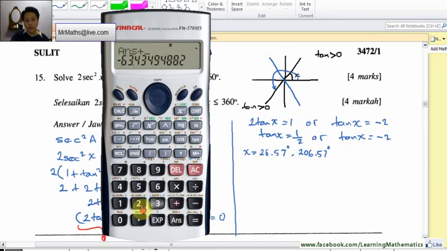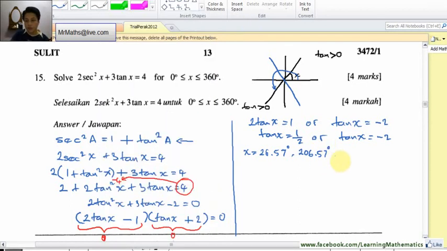And then add 180, so 116.57 degrees, and the last possible value is in the fourth quadrant, right here.